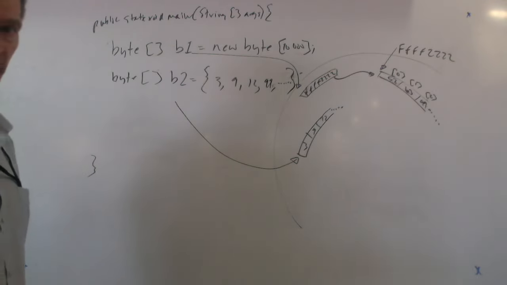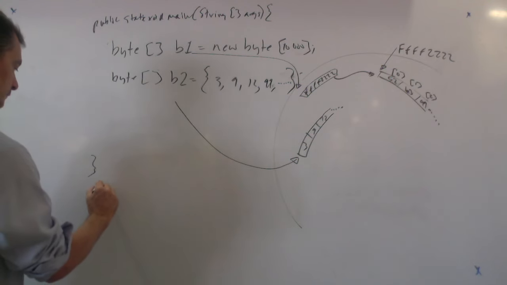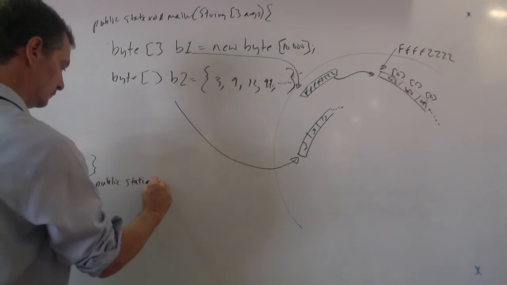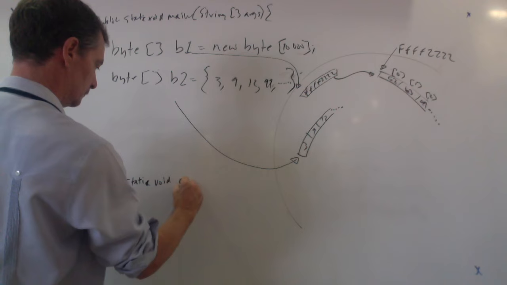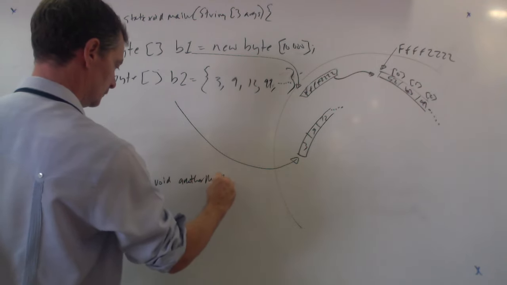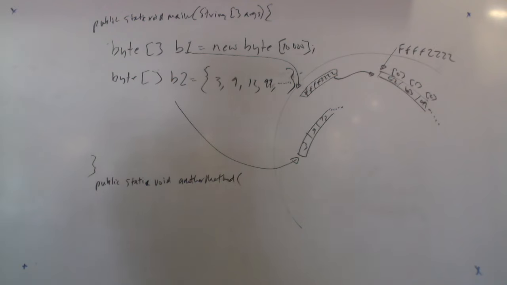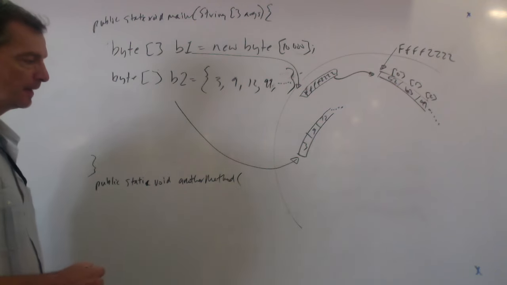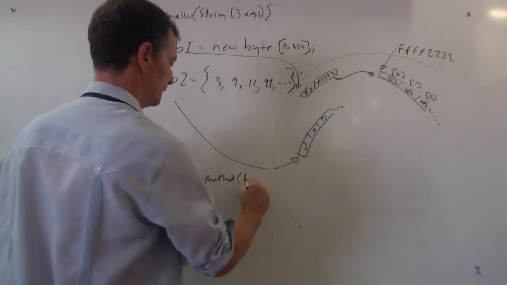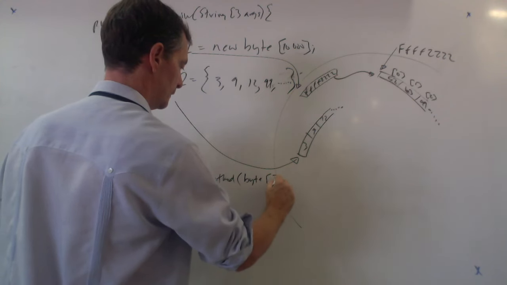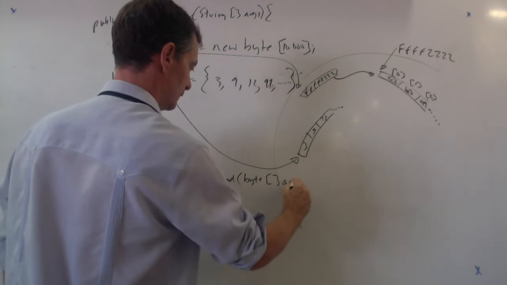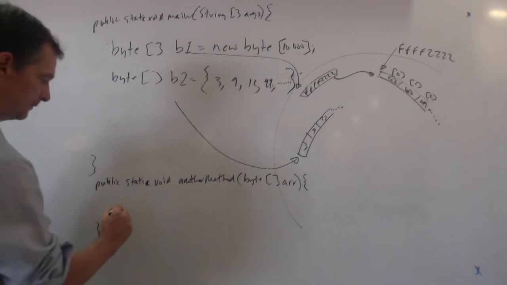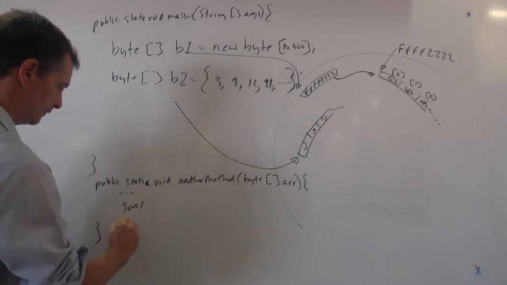And let's say that there was another method. Called another method. And let's say that that another method took in as a parameter an array of bytes, and did something with it.